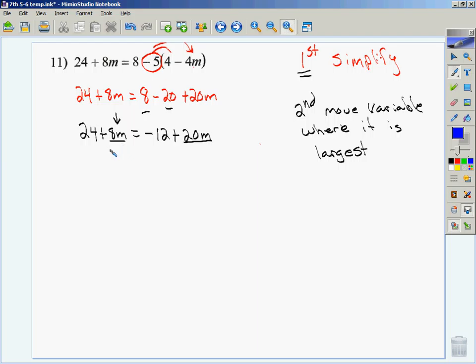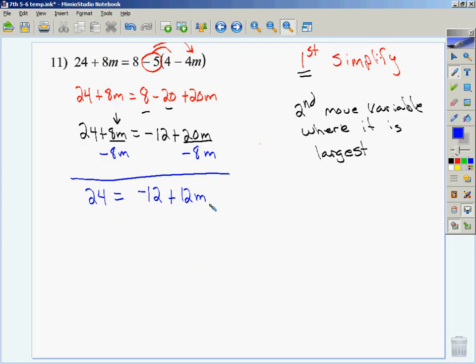Well, the opposite of a positive 8m would be a minus 8m. And I'm going to subtract 8m from both sides of the equal sign. These m's are going to cancel out, leaving me just this 24. And 20m minus 8m would be 12m.